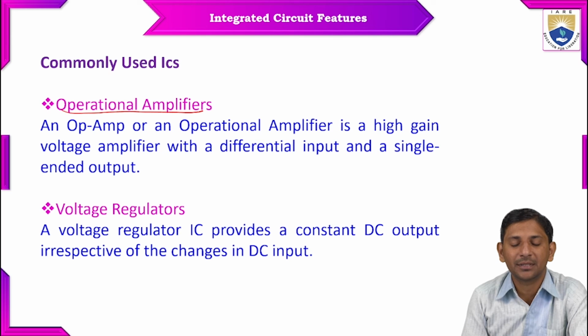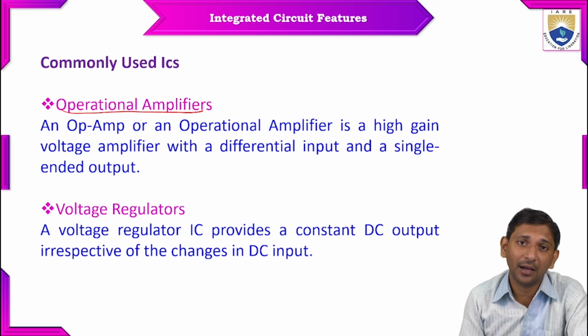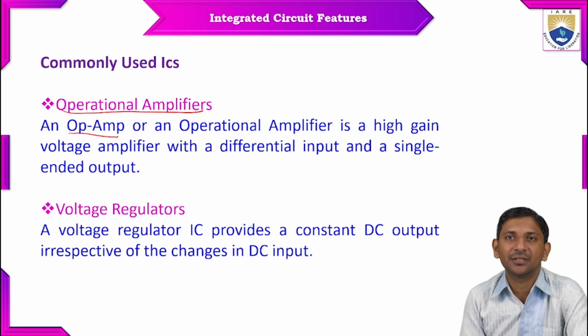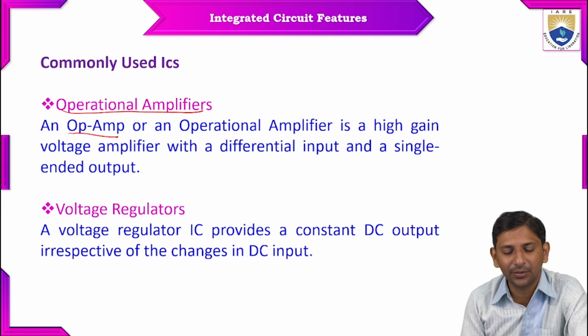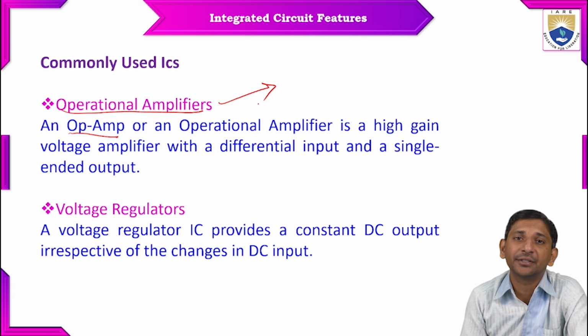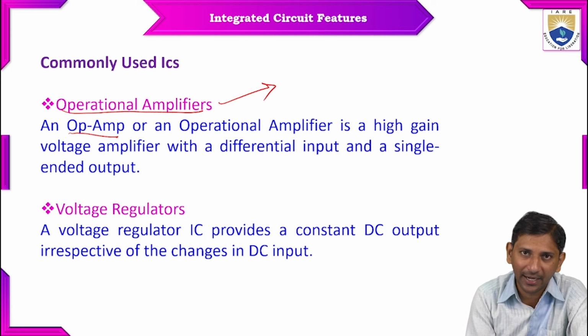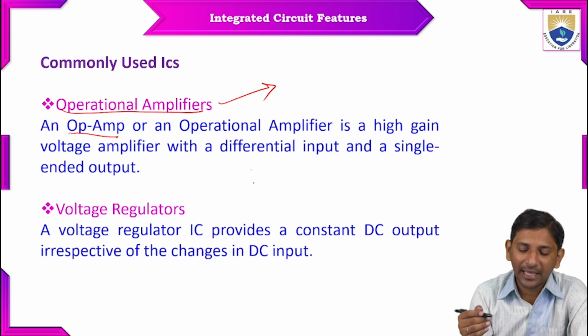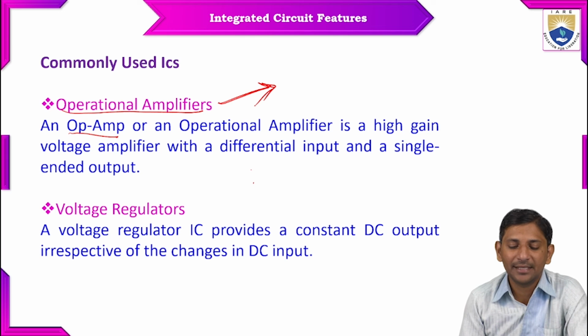This is one of the most basic analog integrated circuits. Op-amp is short for operational amplifier, which is an integrated circuit or chip that can perform various operations like adder, subtractor, amplification, modulation, filter, etc. Multiple operations can be performed using a single chip, called an operational amplifier.